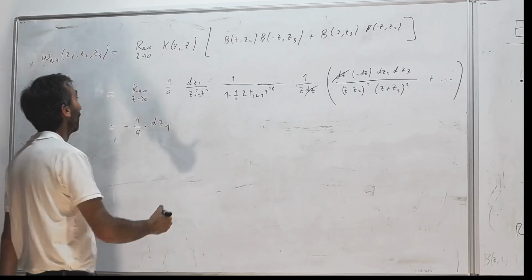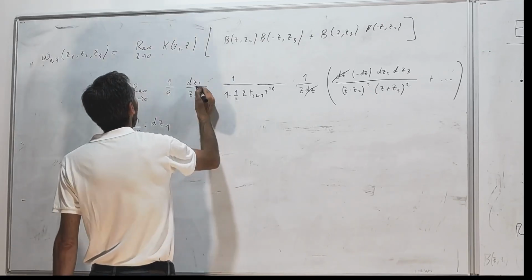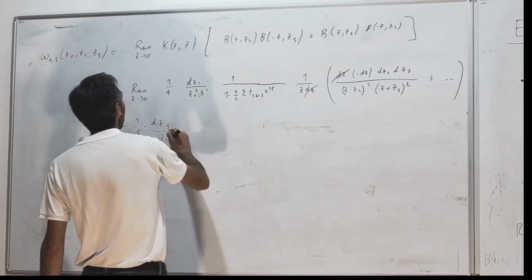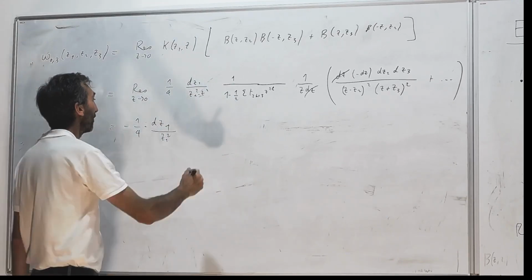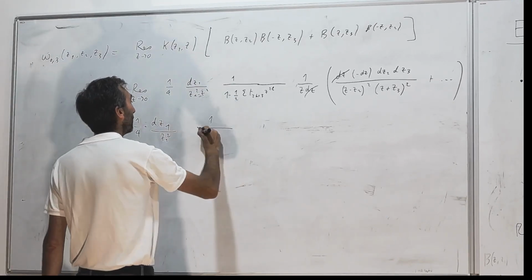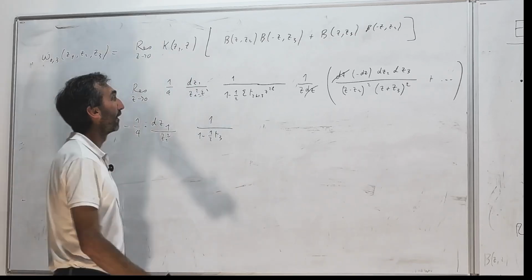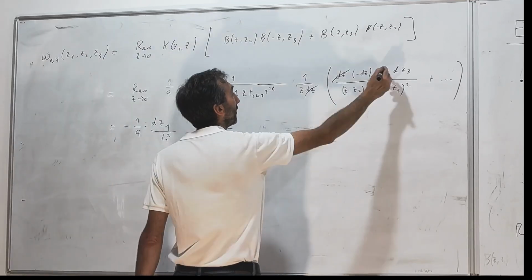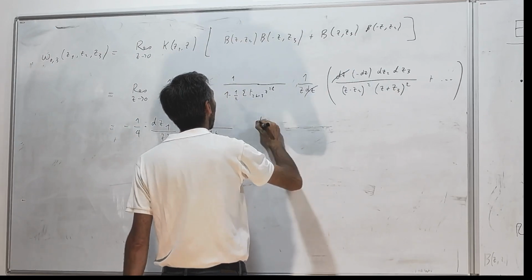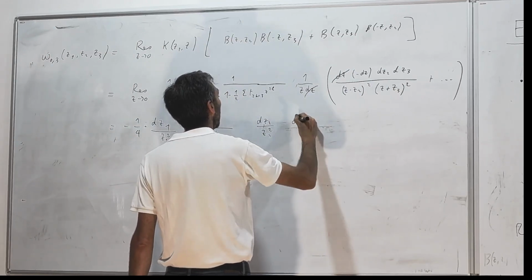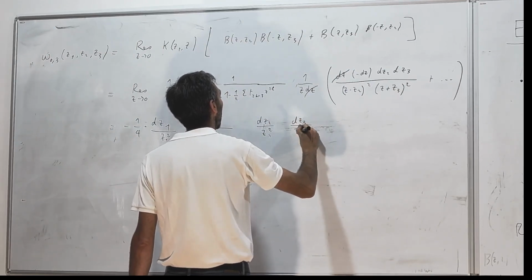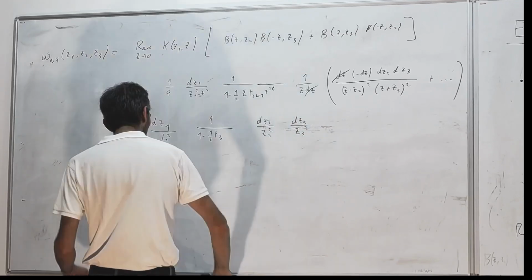So this gives a z1 squared here when I evaluate at z equals 0. It gives a 1 minus 1/2 of t3. And this gives dz2 over z2 squared, dz3 over z3 squared. In fact, let me put this one also in front.